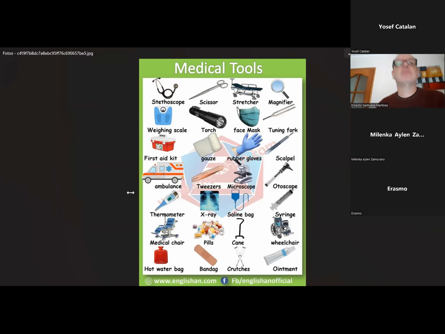Physiology. And tell me, este es el juego, esta es la pregunta que van a responder para todos estos elementos. Esta es la práctica importante, aparte de la palabrita. What do you use, en este caso el estetoscopio, the stethoscope for? Joseph, what do you use the stethoscope for?